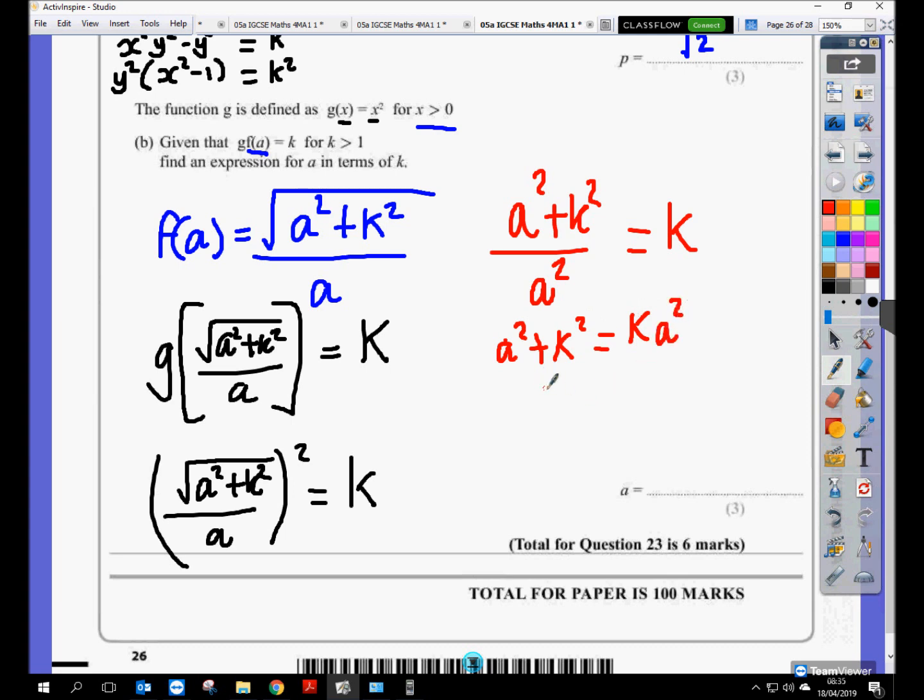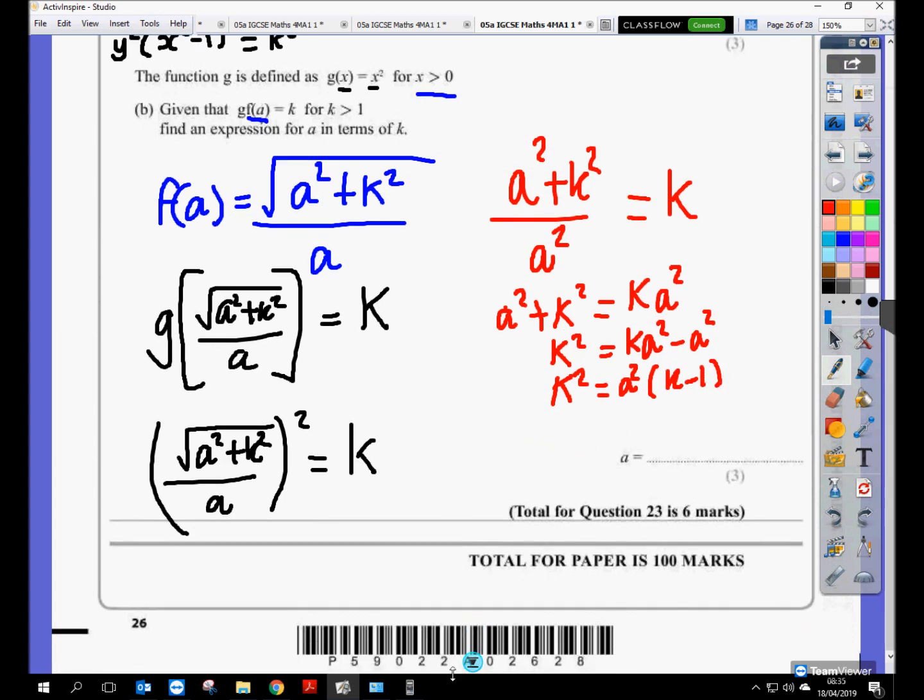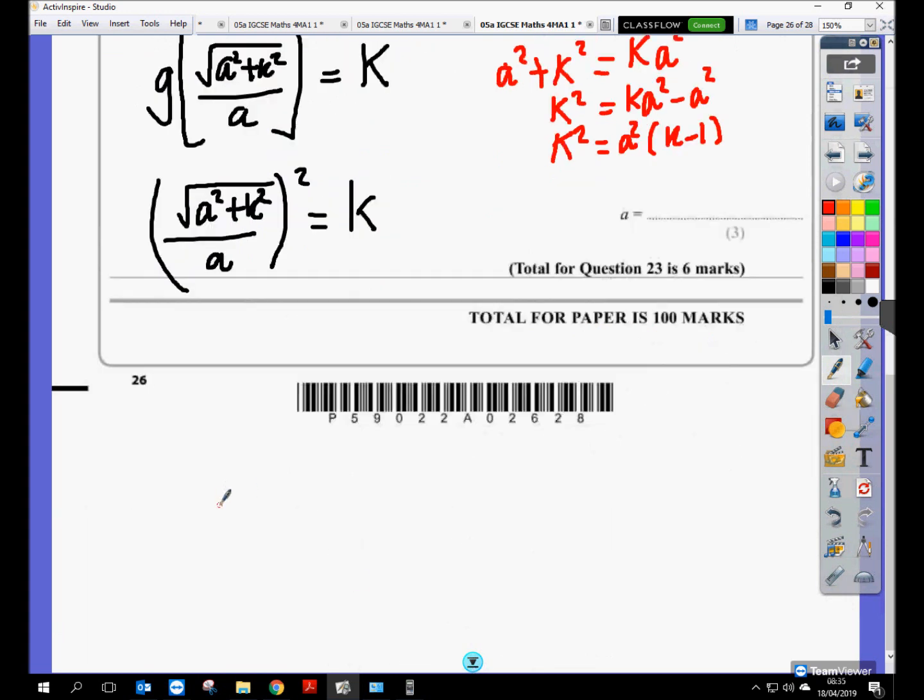And remember, I'm trying to make a the subject. So let's collect all the a's on one side. Attempt to factorize, because a squared is common. So you get k minus 1. And then let's write down here: k squared over k minus 1 is equal to a squared.